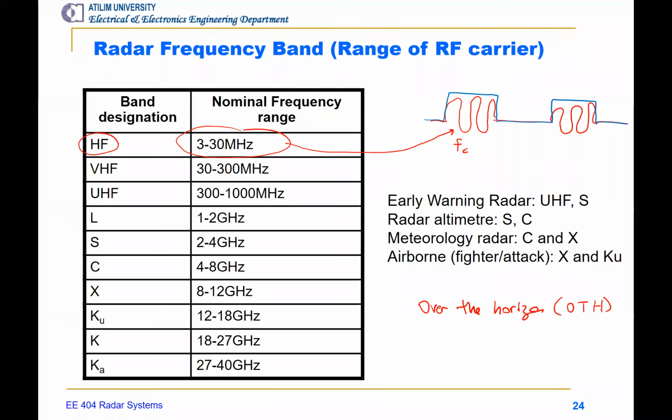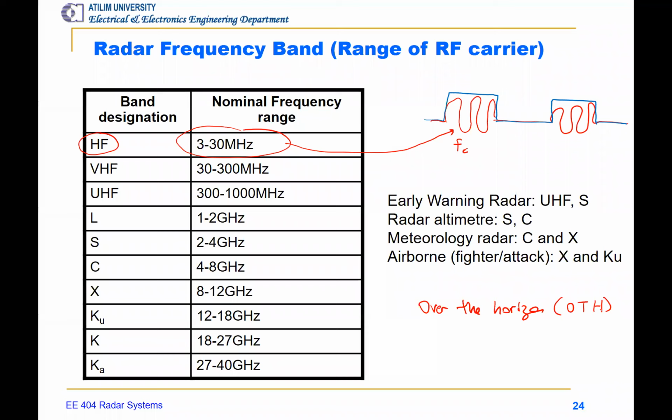As you might understand from the name, even though we have the curvature of the Earth, this type of radar can detect objects beyond the horizon. How? Those HF signals can travel over the horizon and then be reflected back from the objects over the horizon.